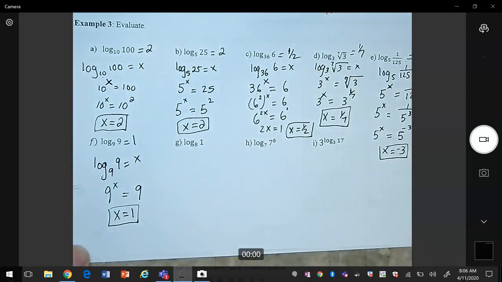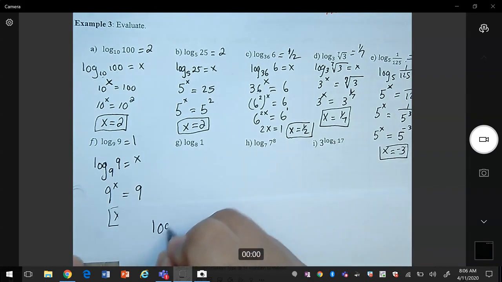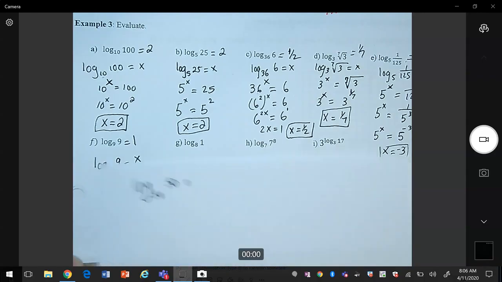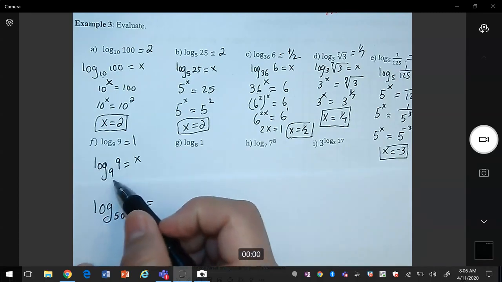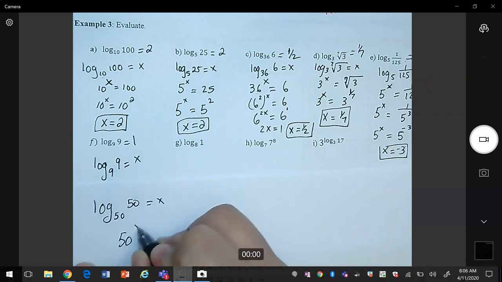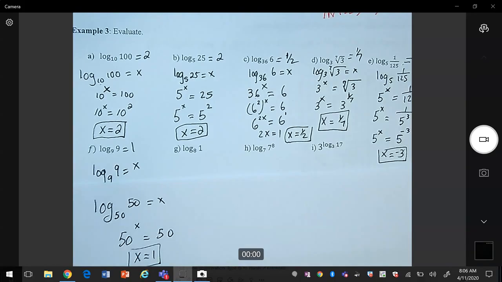So if I give you another example that's similar to this one, let's say we have log base 50 of 50. It looks very similar to this one, except instead of 9 we have 50. Notice what happens. 50 to the x power is equal to 50. So x is still going to be 1.